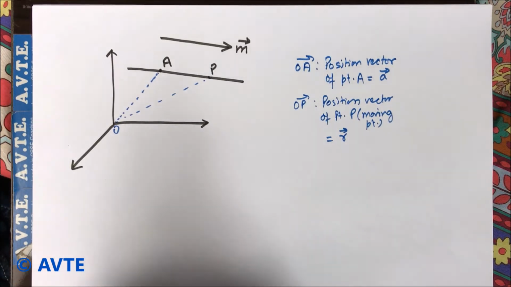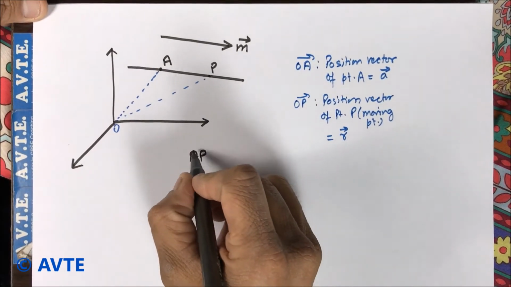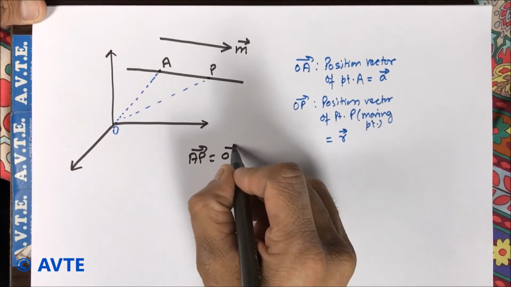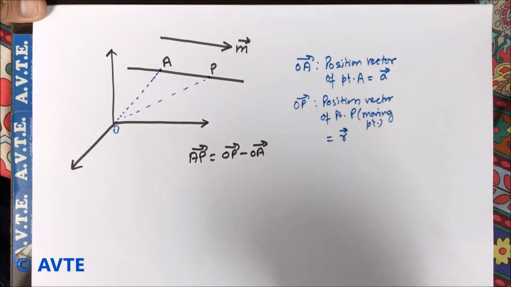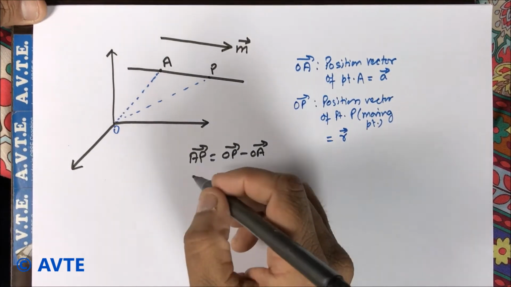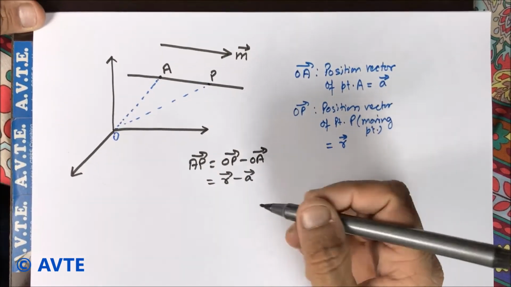So we are saying that the M vector contains the direction ratios. Now we generate the AP vector, which is OP minus OA, with the help of position vectors, or using the triangle law. AP vector is OP minus OA, so I can take this as R minus A.